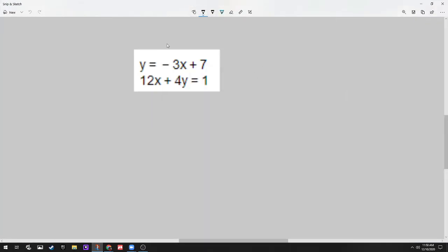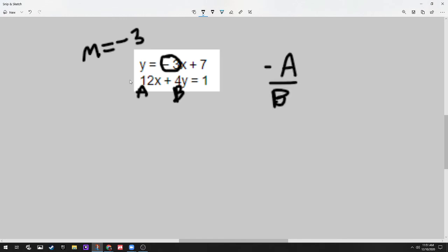We need to know their slopes. Well, what's the slope of this first line here? -3. Let's look at this one. Remember, the way that we were able to do this quickly with this is we could take this as A, right? And this is B, and we just do -A over B. Negative A is -12.